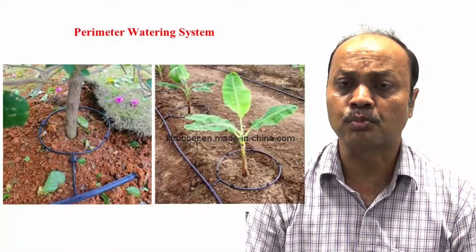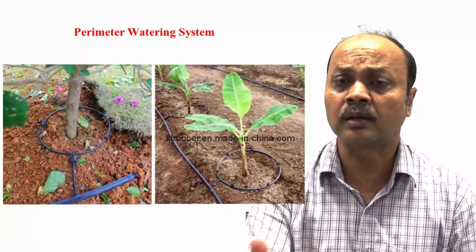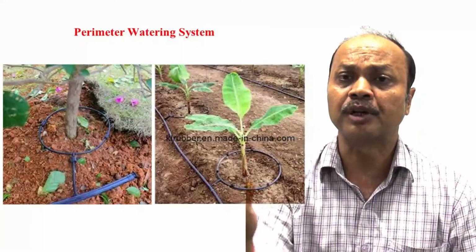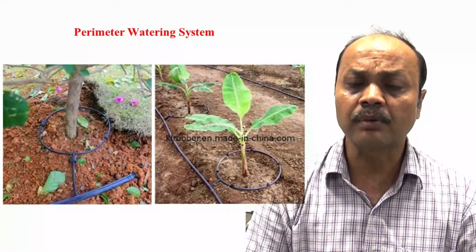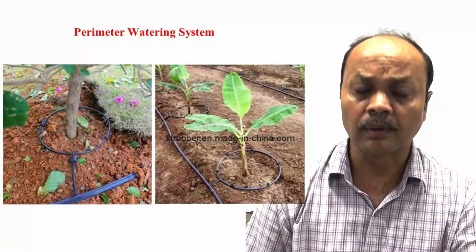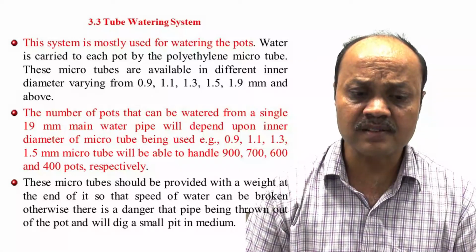Trunk size is more, so here you use the perimeter, as in the check basin you have seen for fruits. In that case you give water manually, while here you give it by drip irrigation system.